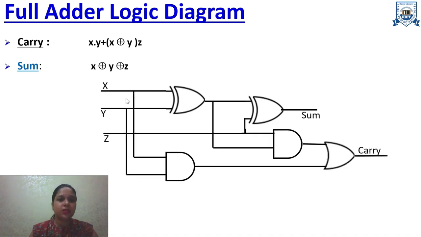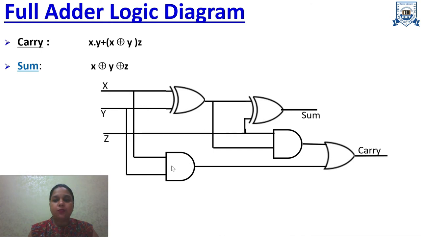Then next, the carry. This is x, this is y. These both are applied to the AND gate, and the output will be x dot y. Now here the output is x XOR y. So here the output will be (x XOR y) dot z, because the second input is z.